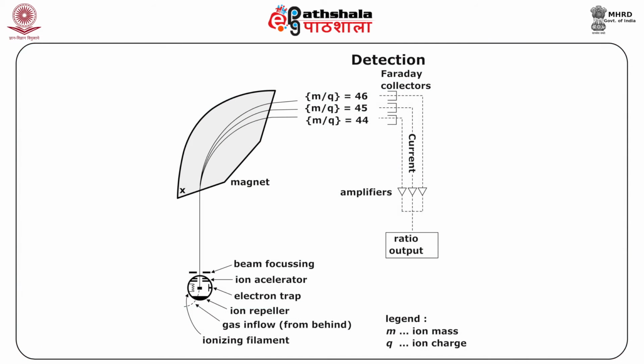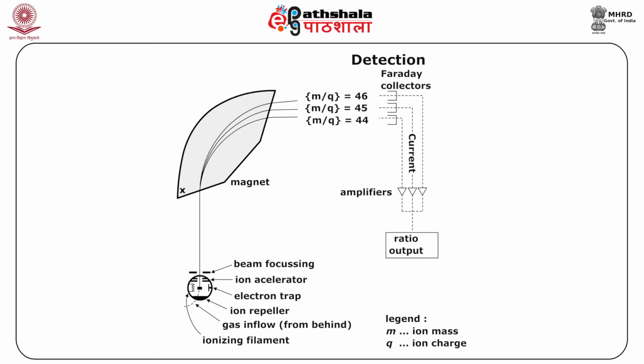Ions of the same m/e ratio will undergo the same amount of deflection. The ions are detected by a mechanism capable of detecting charged particles such as an electron multiplier. Results are displayed as spectra of the relative abundance of the detected ions as a function of the m/e ratio or mass to charge ratio.